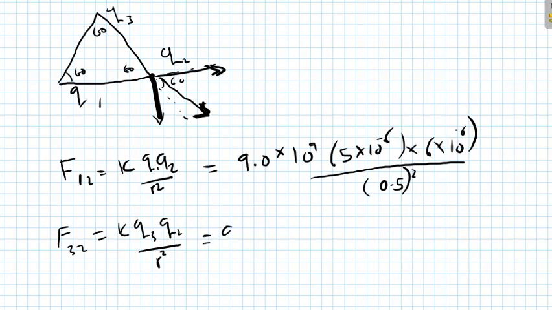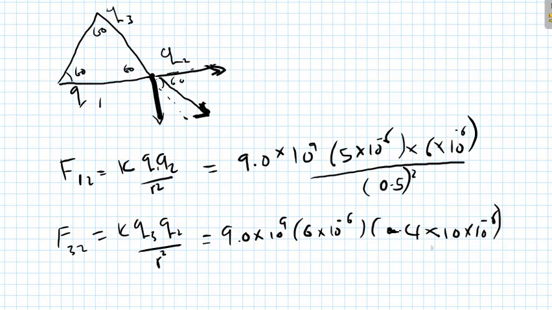So this again is equal to 9.0 by 10 to the power 9 multiplied by the figures we were given in the question, 6 by 10 to the power minus 6 multiplied by 0.4 by 10 to the power minus 6.